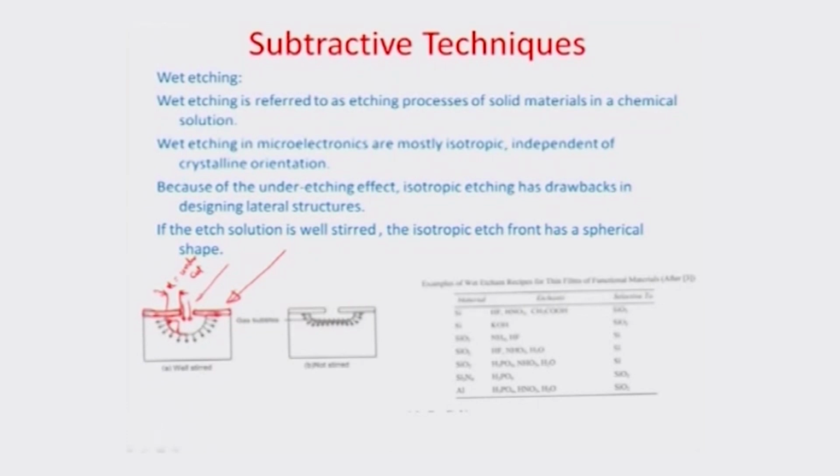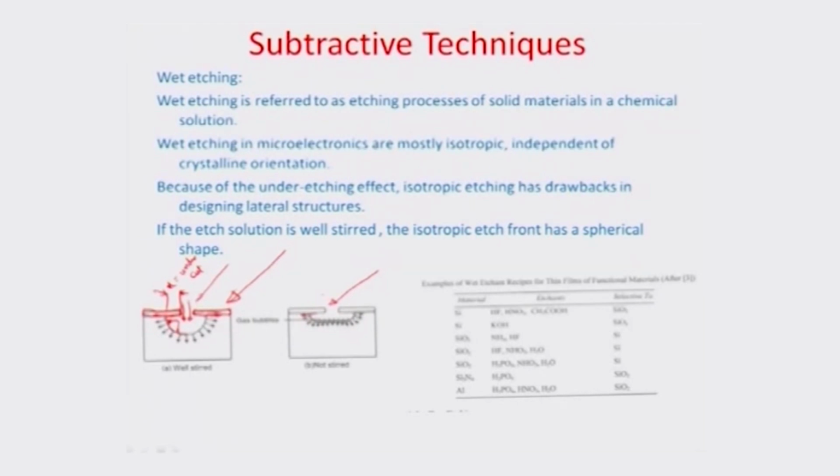If the etching was not homogeneous, for example, as illustrated here, the etching may be a little more directional. So, in this case, you can see the etch rates are more towards the side. So, lateral etching is more, and the vertical etching less, and it would result in different shapes based on the directionality of the etching.